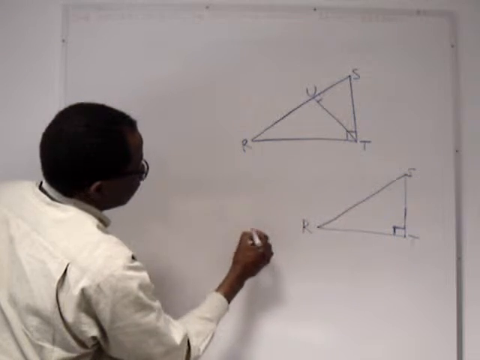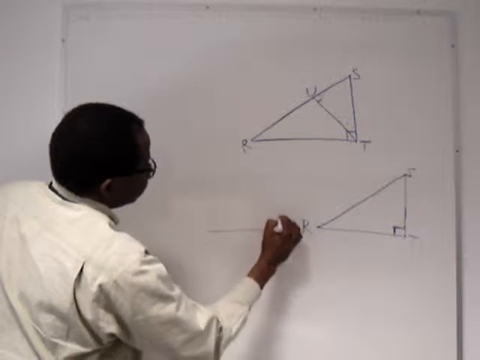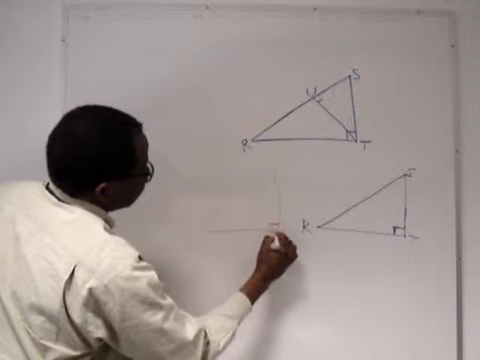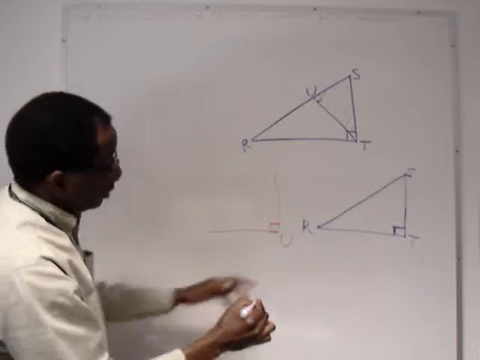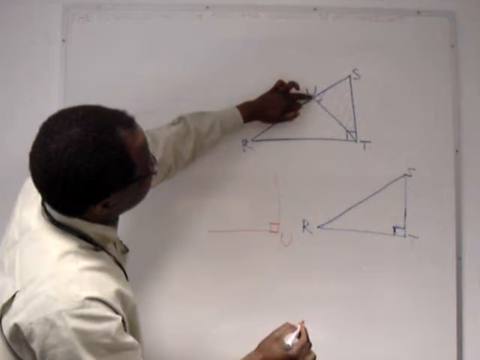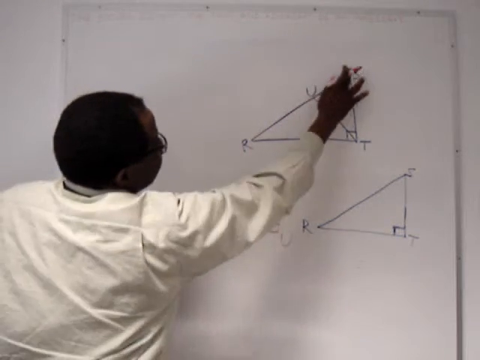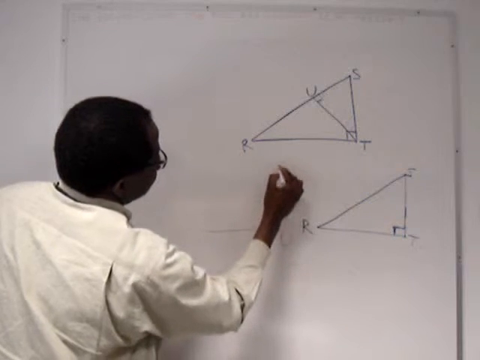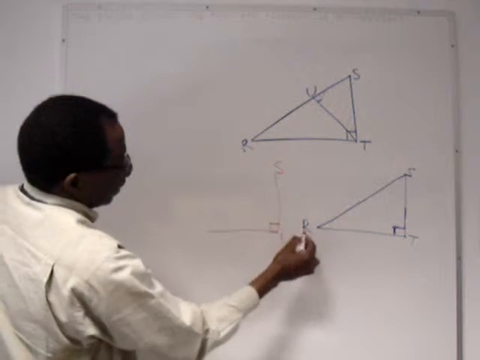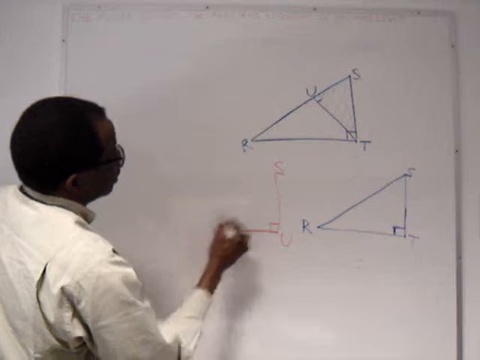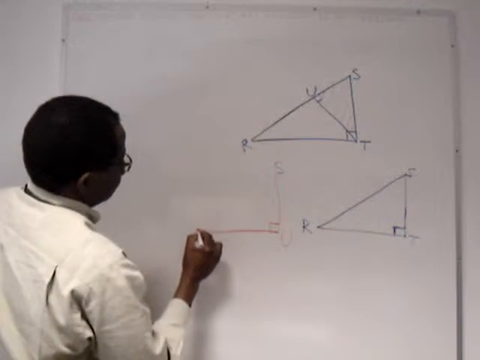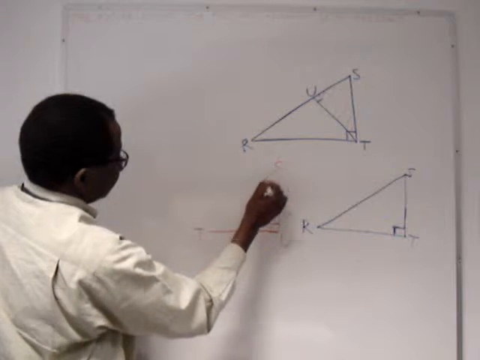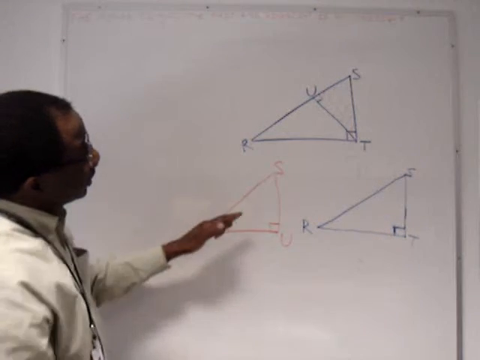So we know that the right angle has to be here, and at that point it's a U, because U is where the right angle is. The short leg is S, so the short leg will be like that. The long leg, which we have chosen to make this in this one, will be T, and then that's the hypotenuse. I hope you understand that.